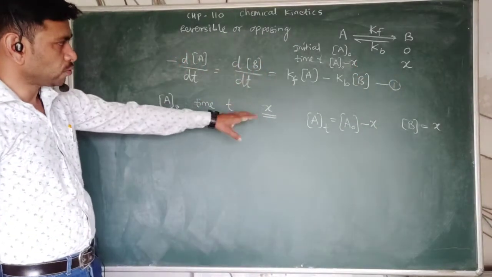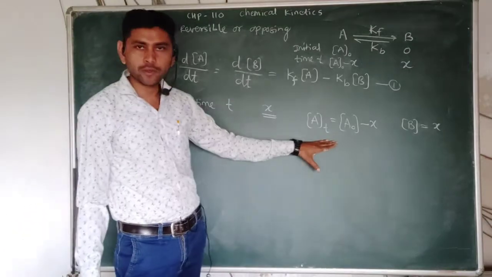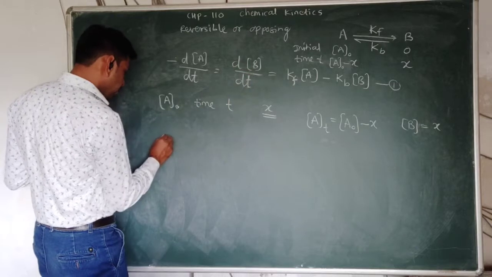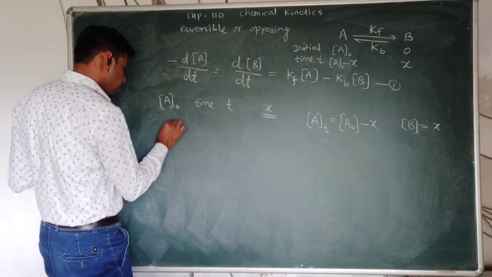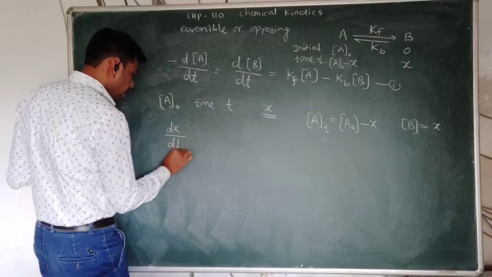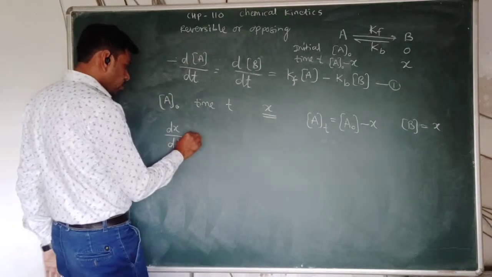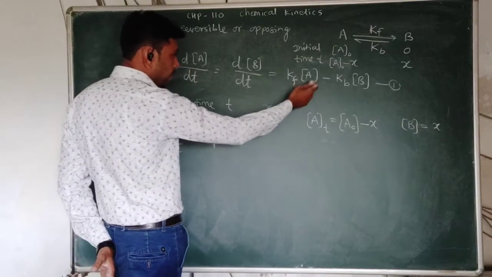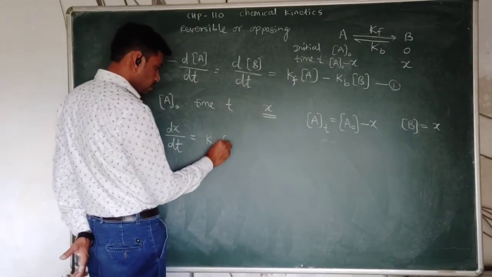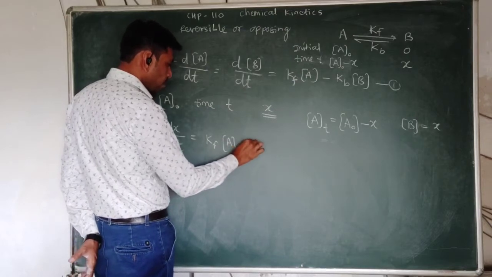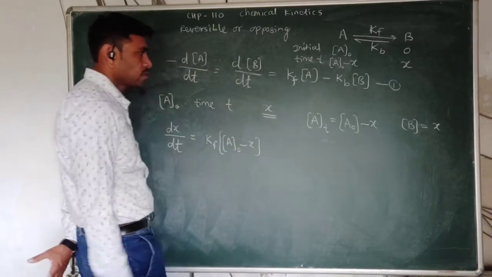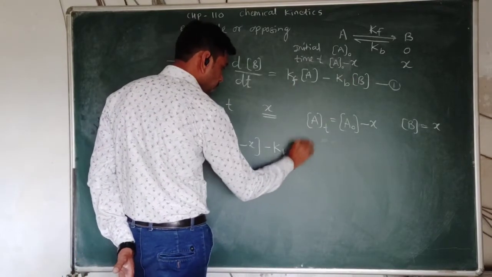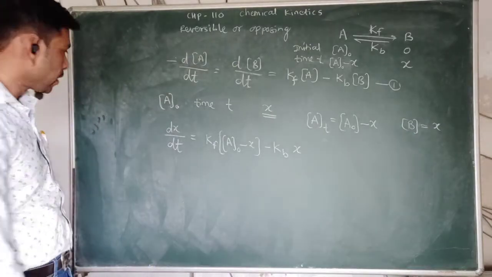By substituting these values in equation number 1, the concentration of B means X, so dx by dt we can write equal to Kf into the concentration of A at time t, which is A0 minus X, minus Kb into the concentration of B, which is X.